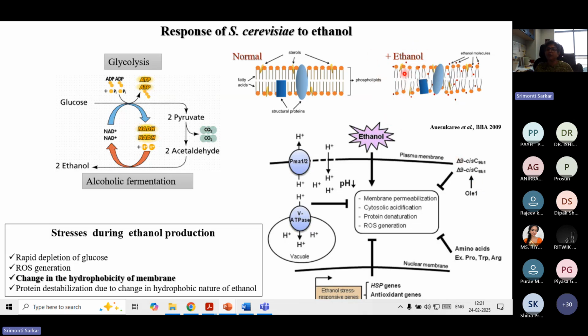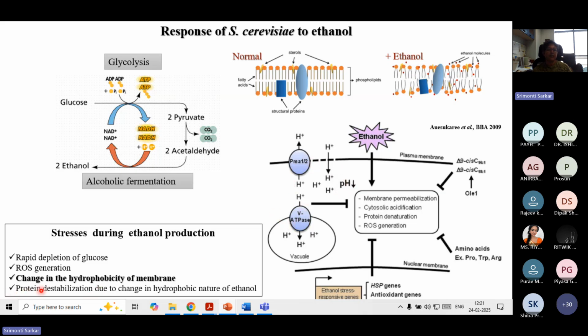The membrane is not as tight anymore, so protons are leaked. Consequently, there's a lowering of pH, as I already mentioned in the last slide. So all of this causes stress in the cell.